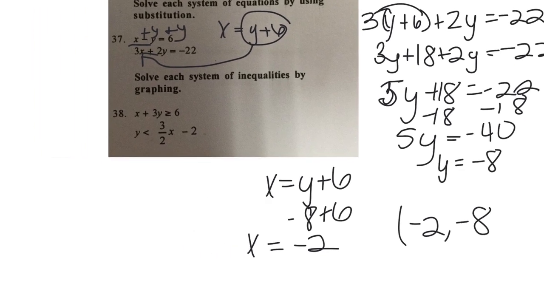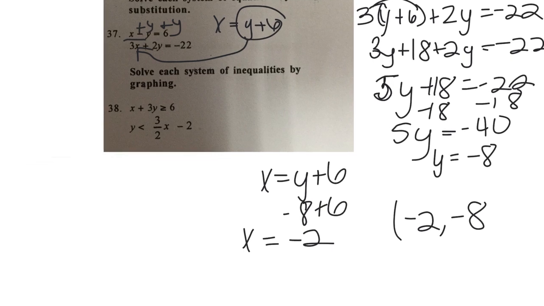And then we'll move this over a little bit and make some room to graph. So this equation, I need to get y by itself for the first one. So I'm going to subtract x, and I get 3y greater than or equal to negative x plus 6. Divide by 3. And negative x divided by 3 is negative 1/3 x plus 2 greater than or equal to y.